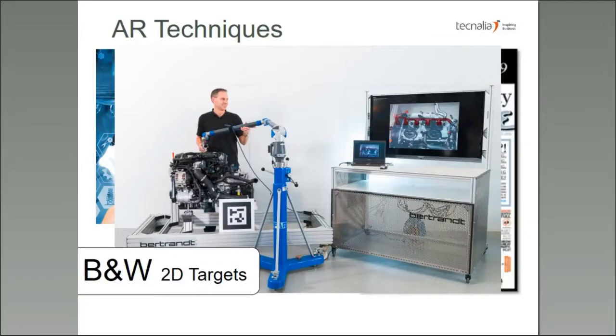Okay. And let's talk about AR techniques. The black and white patterns or targets are very typical in AR projects. Although they are a little bit old-fashioned, they are widely used for research. But we cannot put these markers everywhere, and we need elements that are more natural.